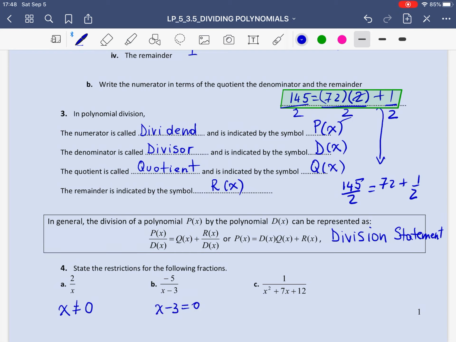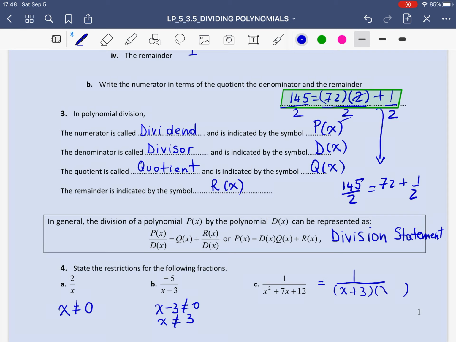So x minus 3 can be 0 if x equals 3. So we say x minus 3 has to be different than 0, which makes x different than 3. So x not equal to 3 is the restriction. In the next example, we need to write this divisor in factored form.